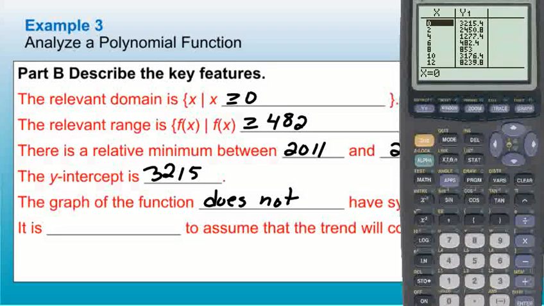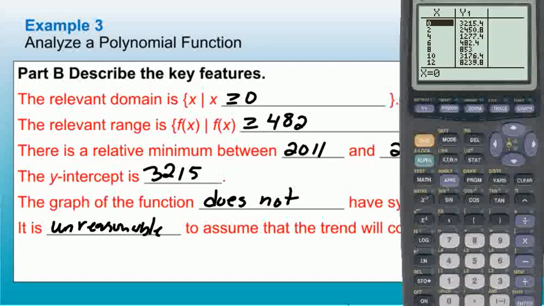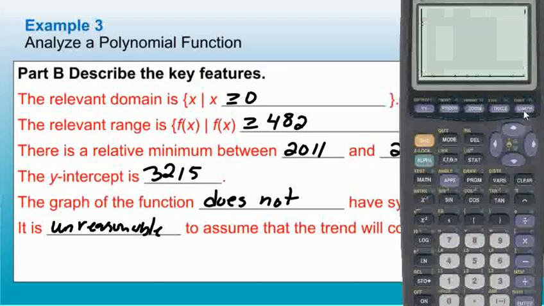And the graph, it is unreasonable to assume that the trend will continue indefinitely. If we look at the graph here, if we graph this, then we continue going up more and more.